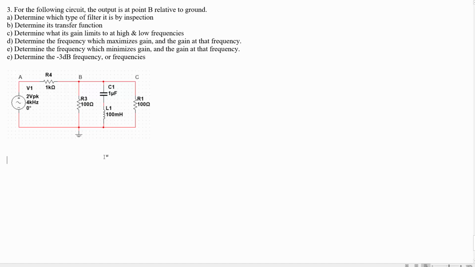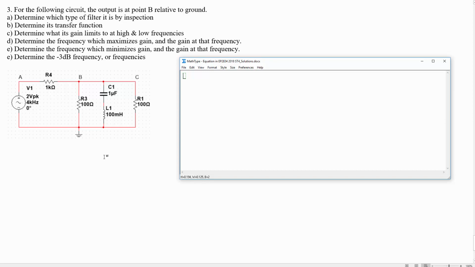So now let's go ahead and find the transfer function. As before, H ends up being from a voltage divider: the parallel impedance at the bottom branch over the impedance at the top branch plus that, so in this case, plus R4.